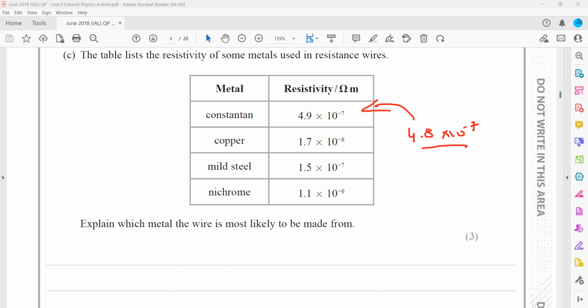But you have to work out the percentage difference to show it is closer to constantan. How do you work it out? You find the percentage difference, and if the percentage difference is less than the percentage uncertainty, it means the values are the same. Because it is a 3 mark question, 1 mark is for identifying the metal, 1 mark is for calculation.